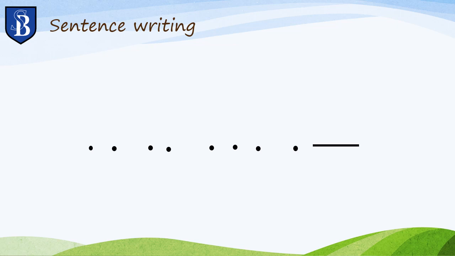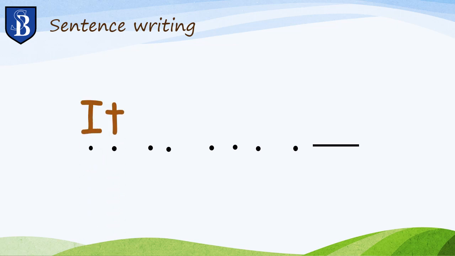Finally, we're going to write a short sentence. This sentence has 4 words. Adults, you might want to write those sound buttons and the line on the board or in the book for your child. Our sentence today is, it is not fair. It is not fair. If you need a little bit more time, then you could pause this video now. Let's look and see how you did.